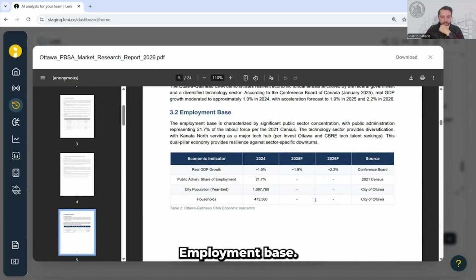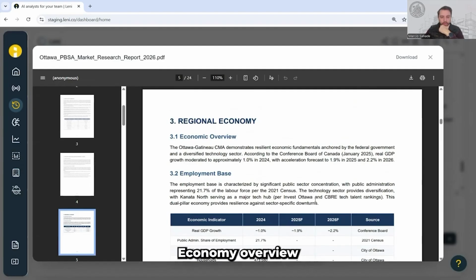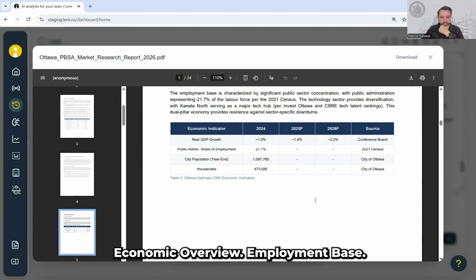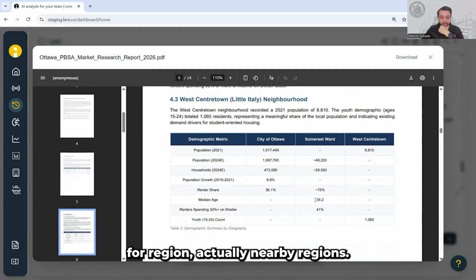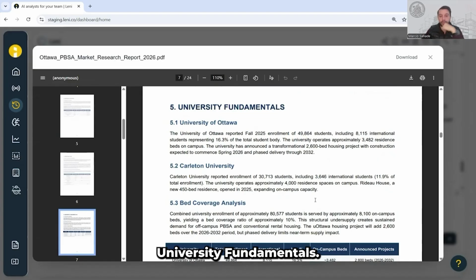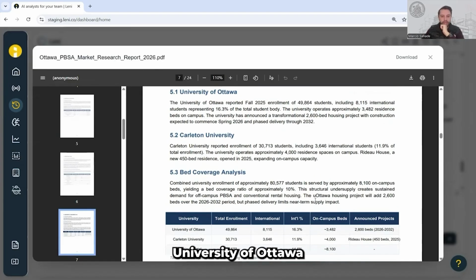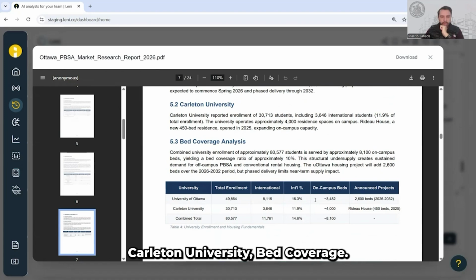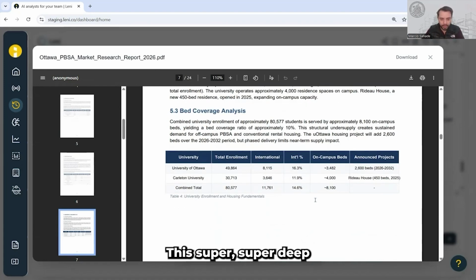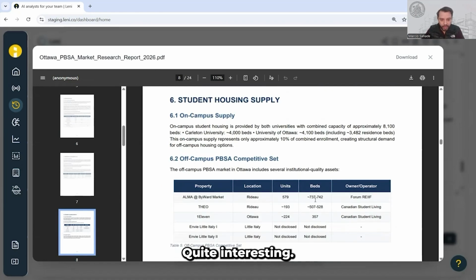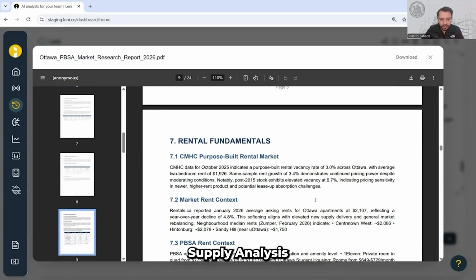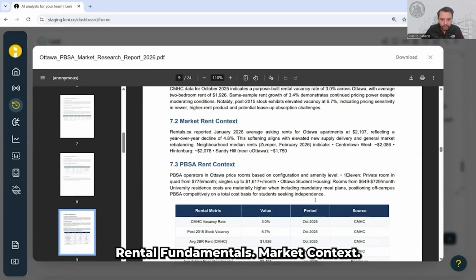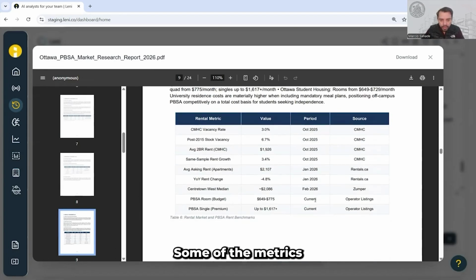All the regional economy, economic overview, employment base, demographics per region, actually nearby regions, university fundamentals, University of Ottawa, Carleton University, bed coverage. This is super, super deep. Supply, quite interesting. The off-campus PBSA supply analysis, rental fundamentals, market context, some of the metrics, super detailed information.